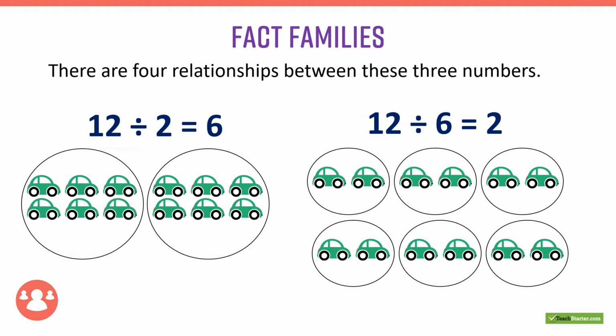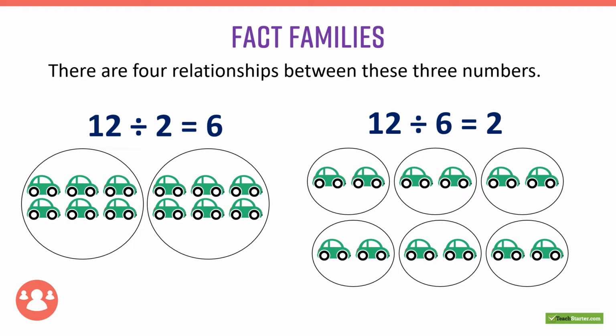Here in our first picture, we can see we've got 12 cars and we're dividing them into two groups. One group, two groups. And our answer, which we call our quotient when we are doing division problems, is how many cars are in each group, and we can see clearly we have 6 cars in each group.